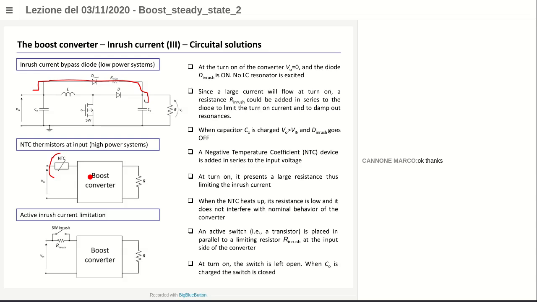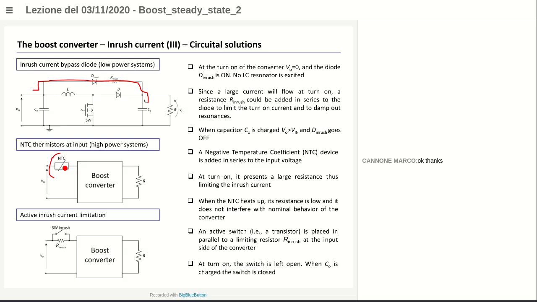Okay, when this device is heating up, so is hot, this resistance is small. When the NTC is cold, for example, when you turn on, this resistance is very large. So at the beginning, at the turn on, the resistance provided by the NTC in series with the current is very large, limiting the inrush current.